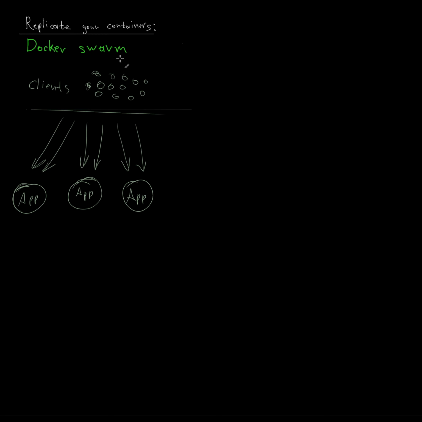There are other systems similar to Docker Swarm, the popular one being Kubernetes, that does similar things. Docker Swarm, as some say, is a little bit easier to start with, and it is actually provided by Docker by default.